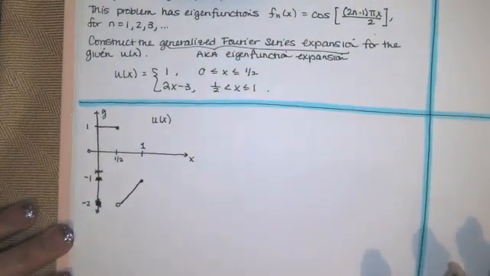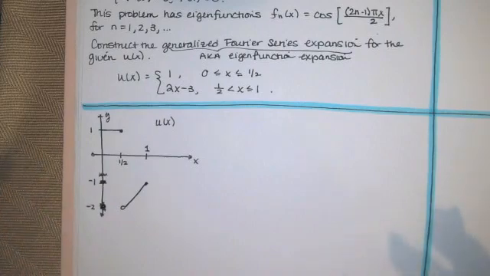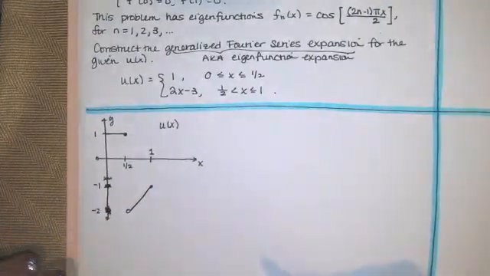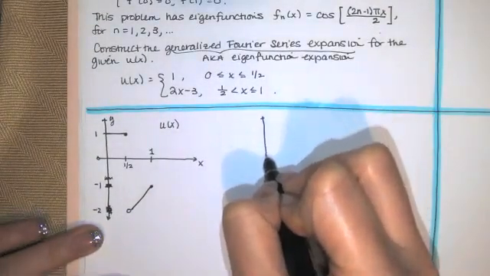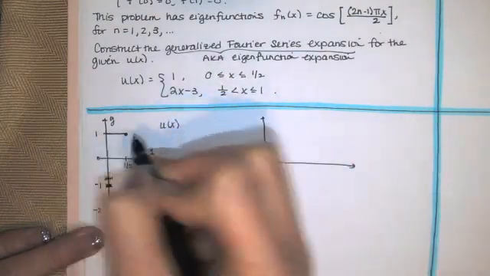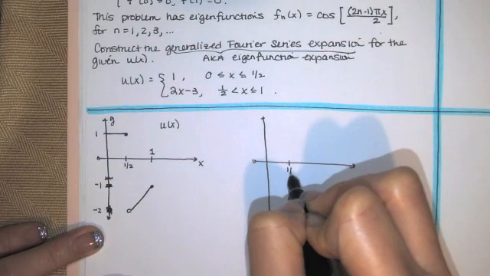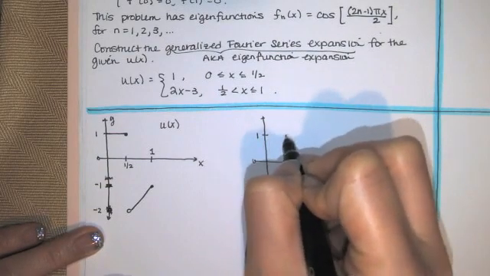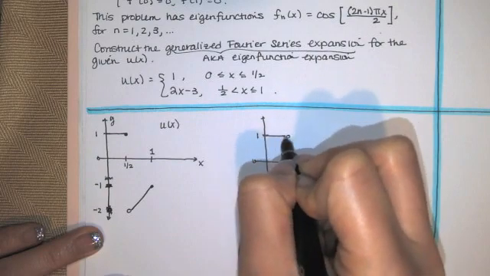Now, when we construct the Fourier series or the generalized Fourier series expansion of the function, we're not actually going to get this back. The series that we construct will converge to this almost on the interval from 0 to 1/2. That function will be equal to 1.